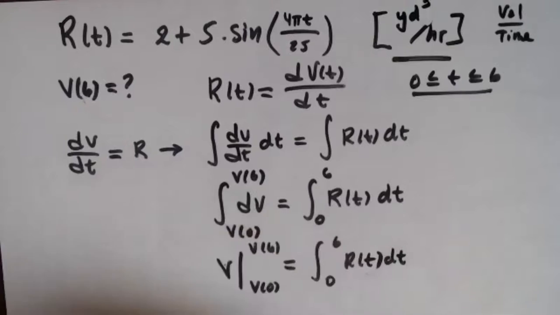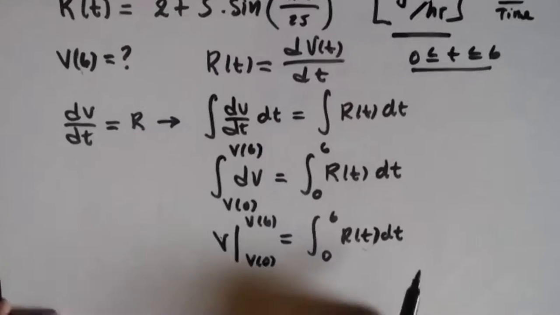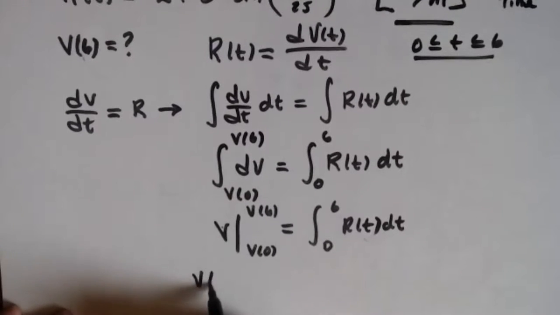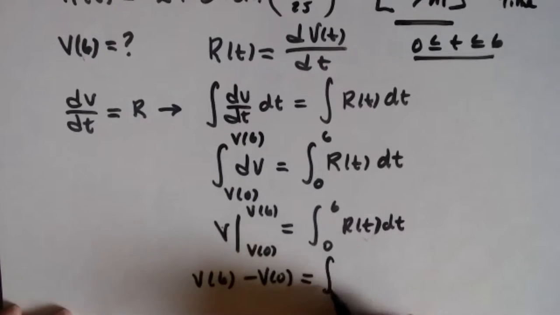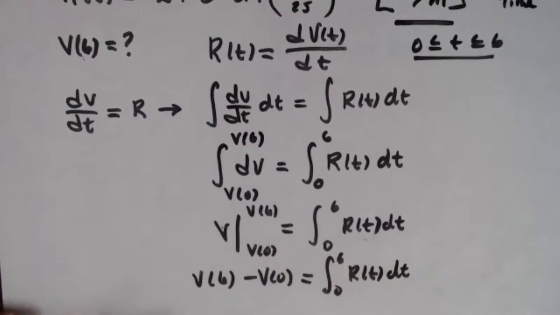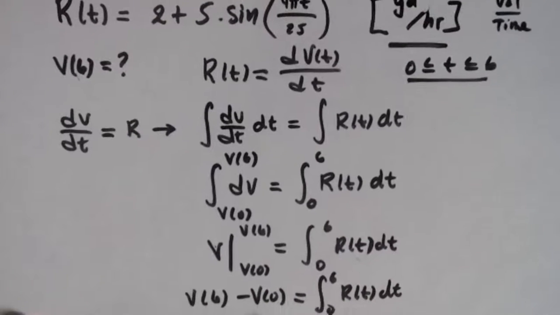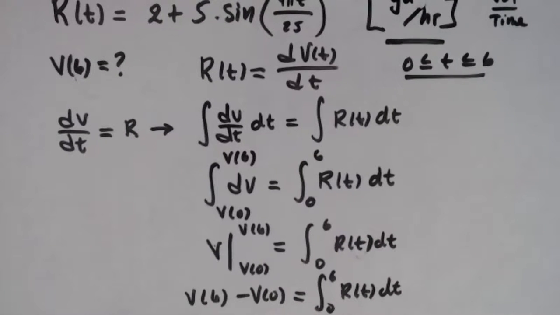Then the only thing you have to do is this: V of 6 minus V of 0 equals the integral from 0 to 6 of r of t dt. And then, well, V of 0 is given in the problem, correct? Let me just go share.